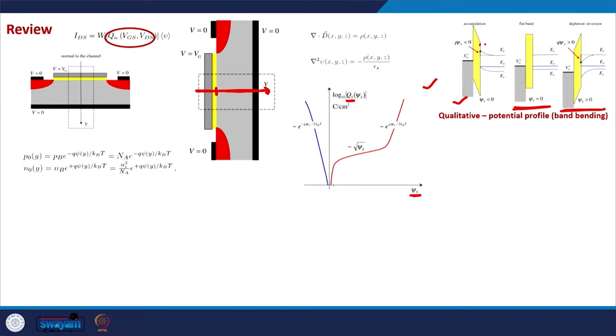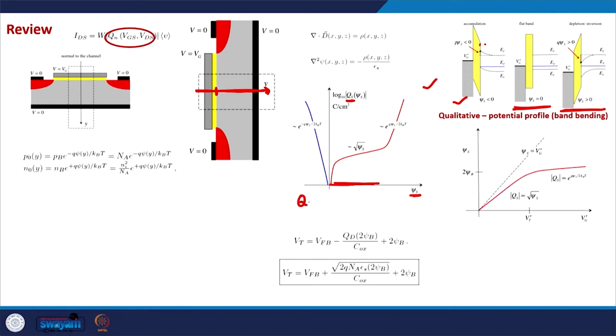For low psi s values, the MOSFET operates in the depletion regime, where the charge is directly proportional to the square root of psi s. For a large positive value, the MOSFET operates in the inversion regime, where the charge is mainly due to mobile electrons and has exponential dependence. So this is the depletion charge, and the inversion charge has the exponential dependence on psi s.